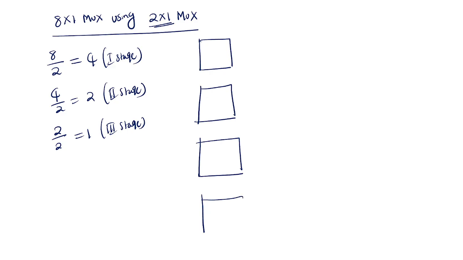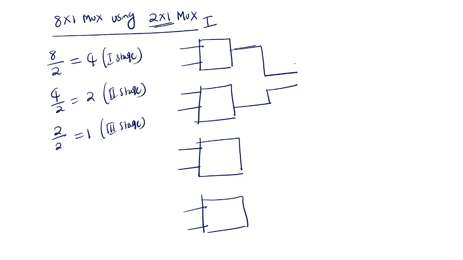And so this is I0, I1, I2, I3, I4, I5, I6, I7. These are given to the first stage, and these are given to one more 2 cross 1 mux, and these are given to one more 2 cross 1 mux.